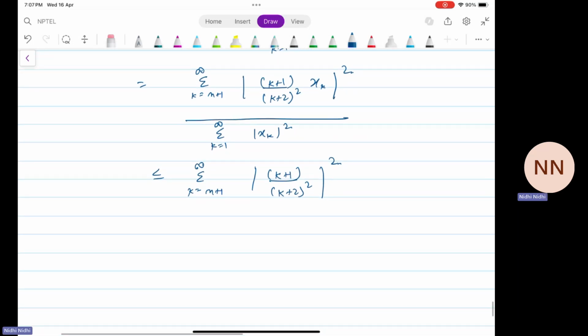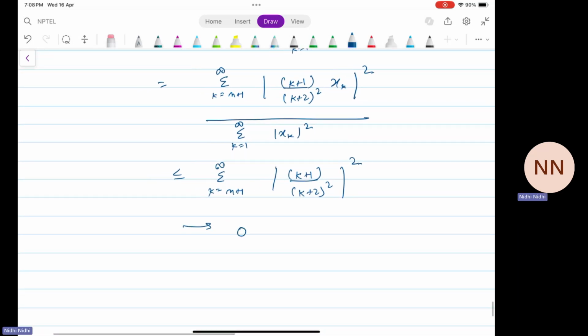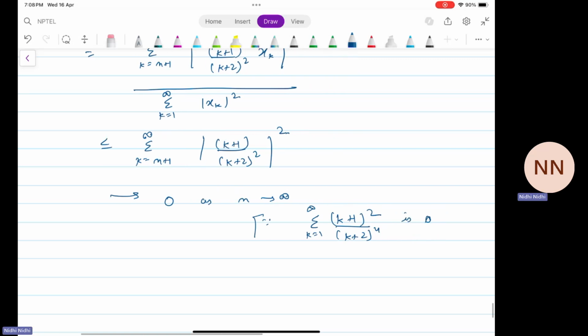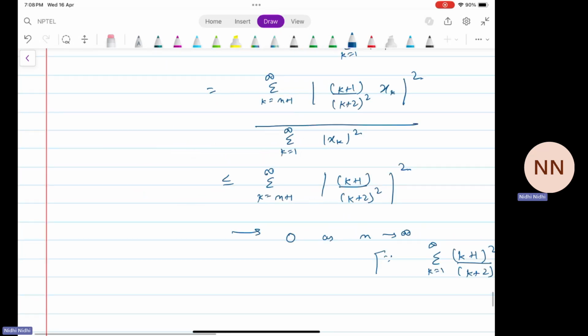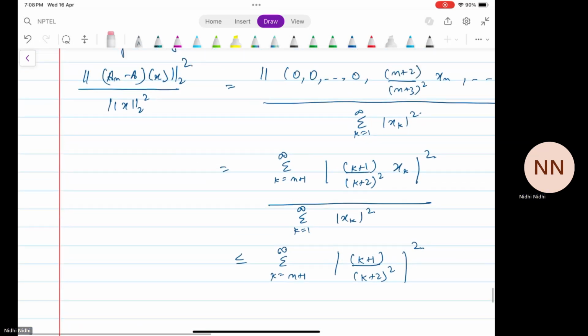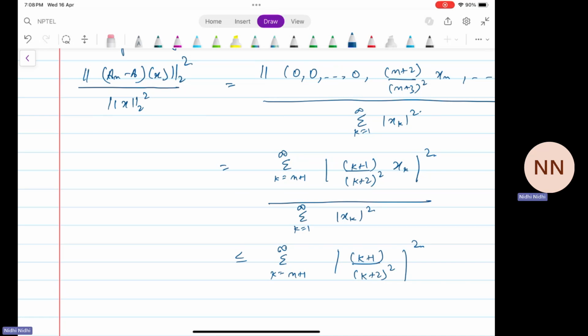Which tends to 0 as n tends to infinity, because it is the tail of a convergent series, since the summation k from 1 to infinity of (k plus 1) squared by (k plus 2) to the power 4 is a convergent series, and hence its tail will converge to 0. In fact, let's keep it this much only for the time being. Now this happens for every x belonging to L2 minus 0.